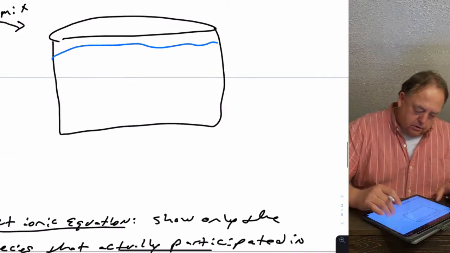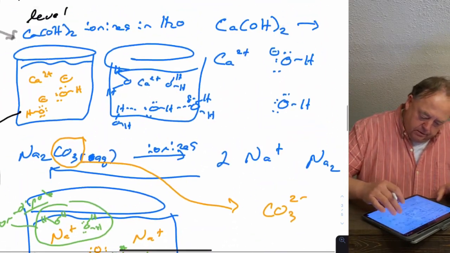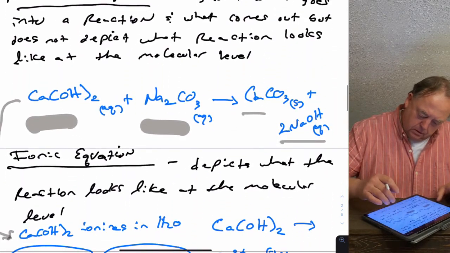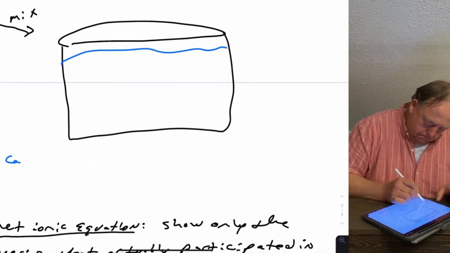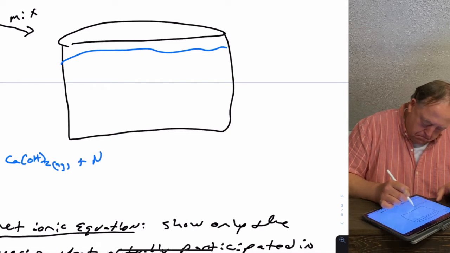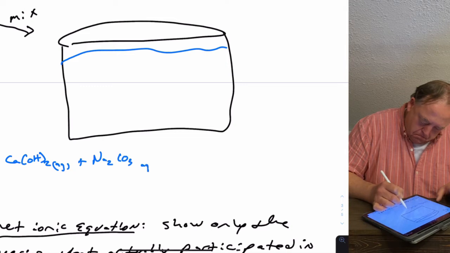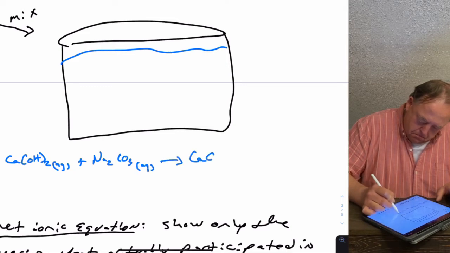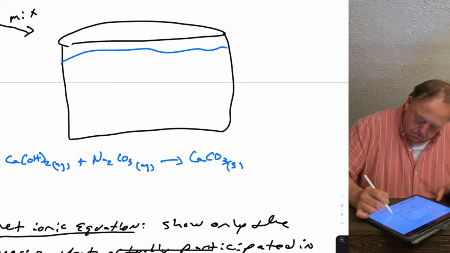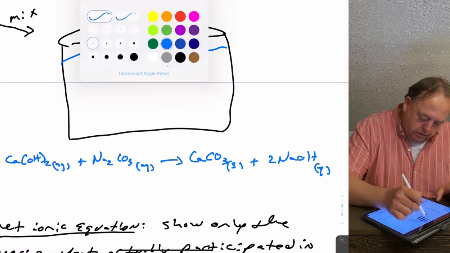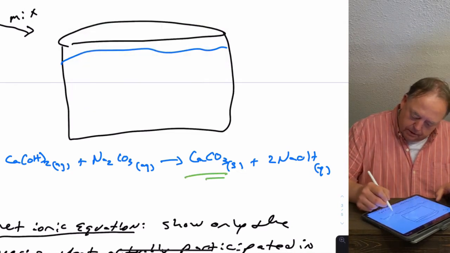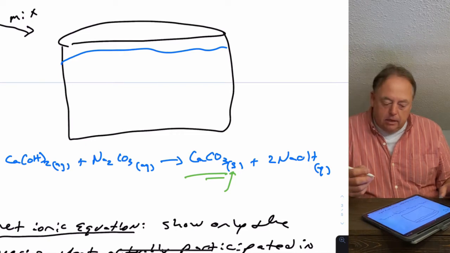Okay, so let me write the chemical equation again. Okay, so in this case, the calcium carbonate is solid, so that means it did not dissolve.